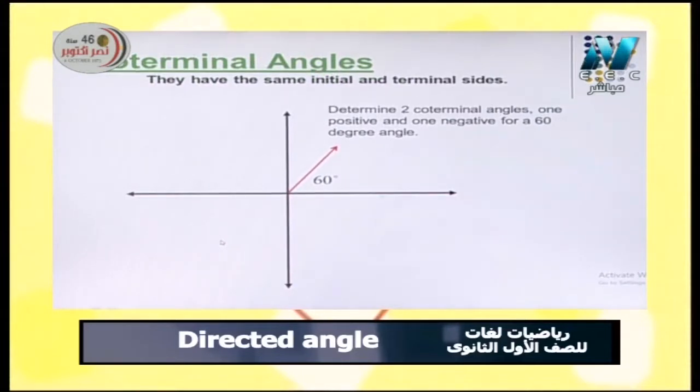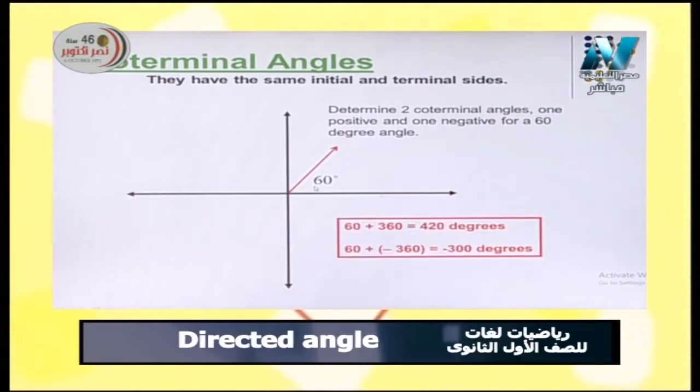Let's go to coterminal angles also. We have here 60. The question says they have the same initial and terminal side. Determine two coterminal angles or two equivalent angles, one positive and one negative, for 60 degrees. Look here, we have a 60 degree angle in standard position, because its initial side is OX and this side is the terminal side.